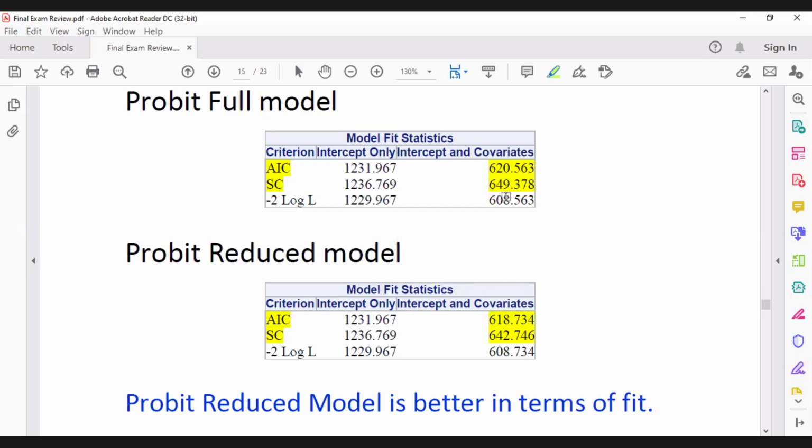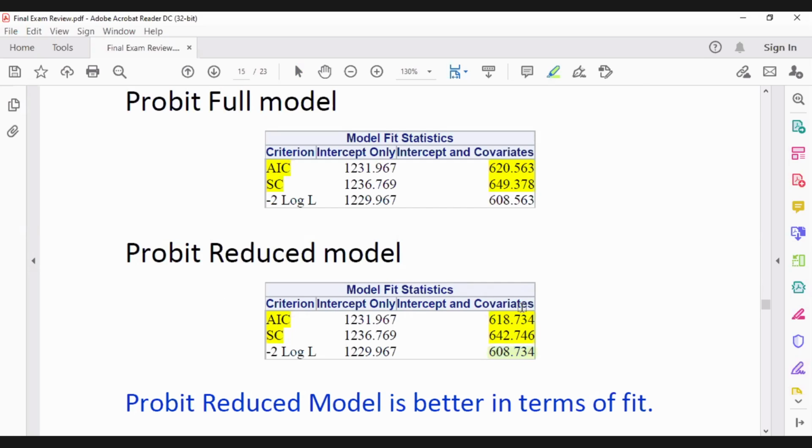But in terms of -2 log likelihood, it turns out that the full model is showing a better one. The probit full model is better than the probit reduced model.